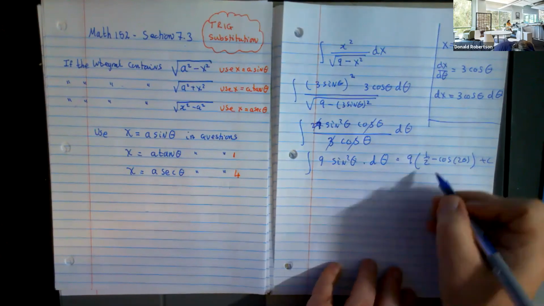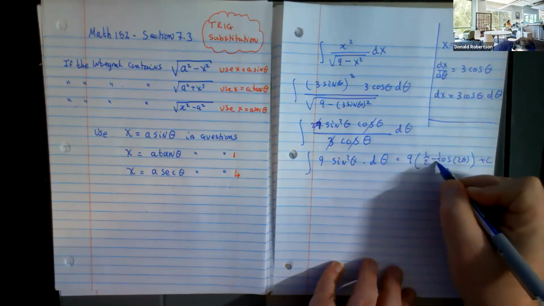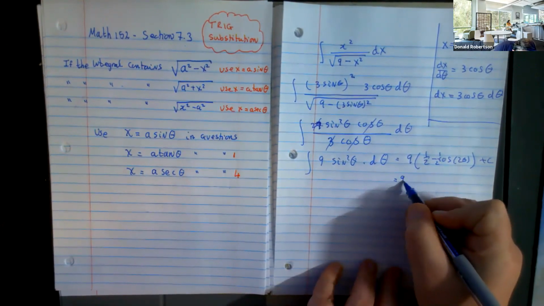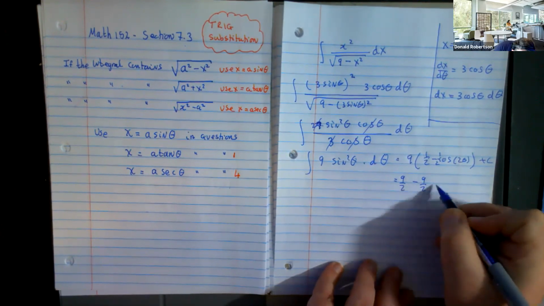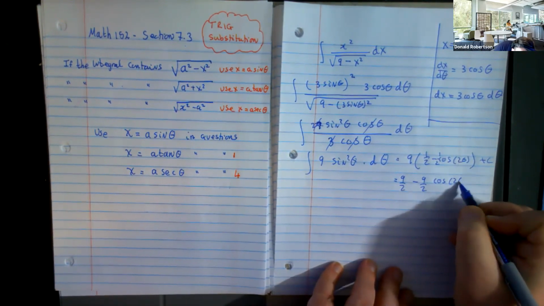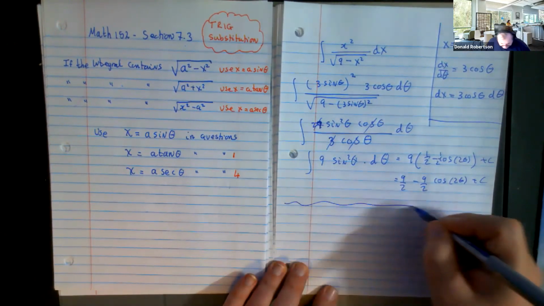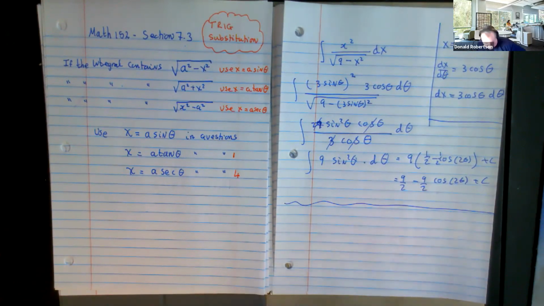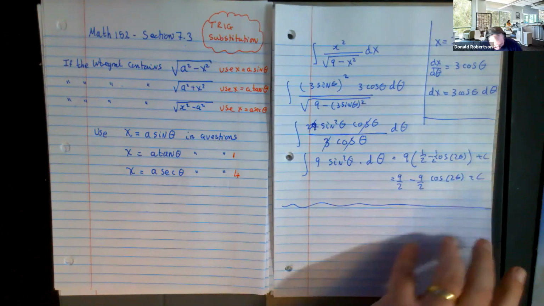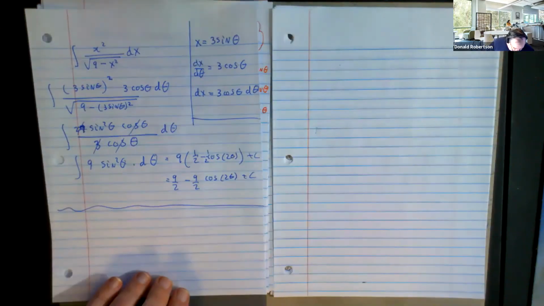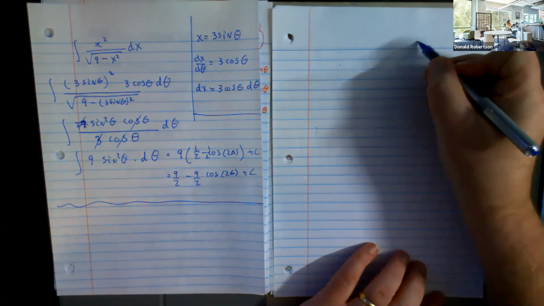So that's going to give me 9 over 2, take away 9 over 2 cosine of 2 thetas. And that's phase 2 finished, because that one integrated really nicely. So now phase 3, return back to the x's.